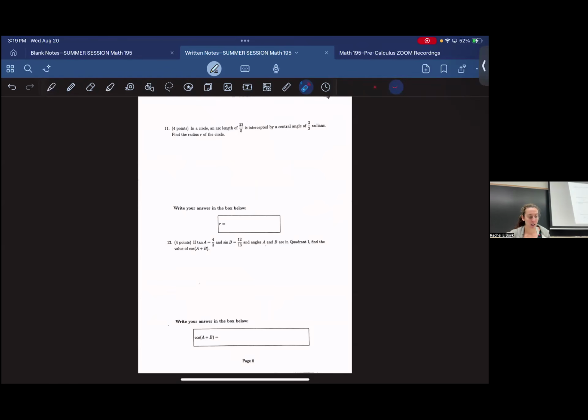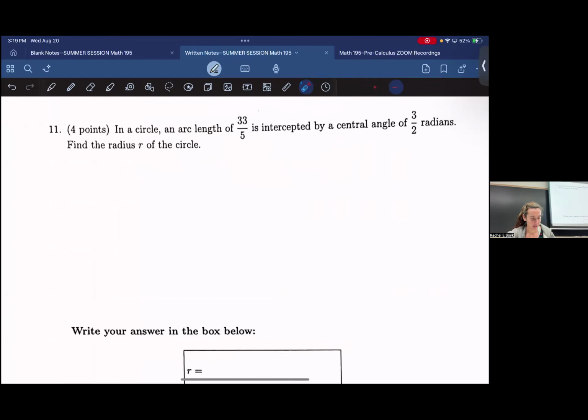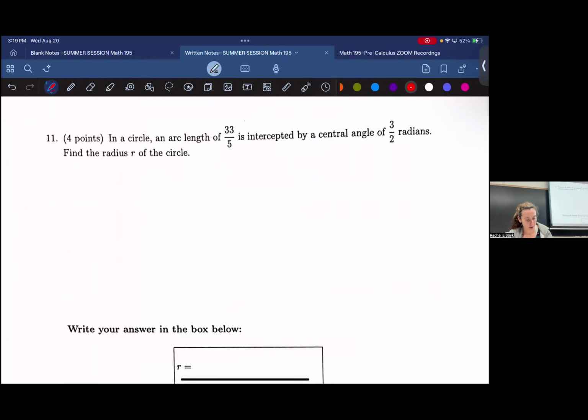All right, so now we're on to our question 11, which is going to utilize theta is equal to S over R, S representing the length of the arc and R representing the radius of a circle. So I'll highlight these accordingly.